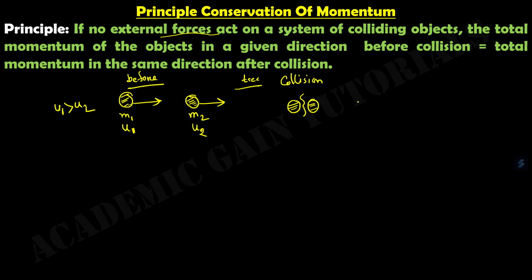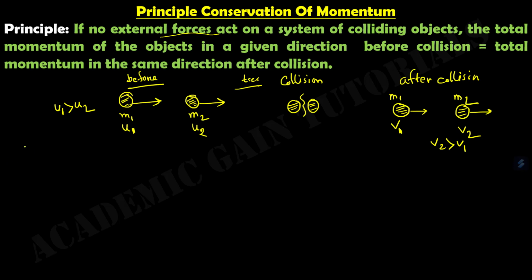And when this collision occurs, what will happen after collision? After collision, this m1 object will now have a final velocity of v1, and the m2 object will have the velocity of v2, and both will be in the same direction, but in that case v2 will be greater than v1. So this is the scenario.